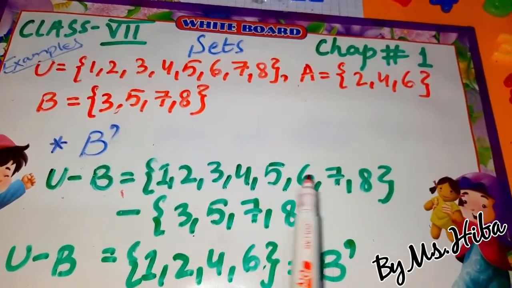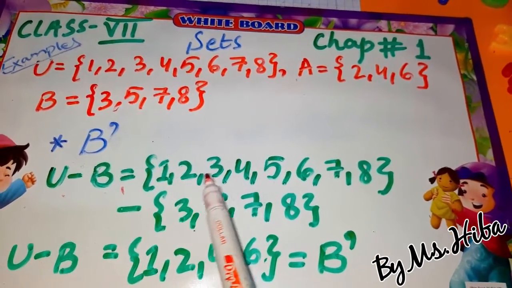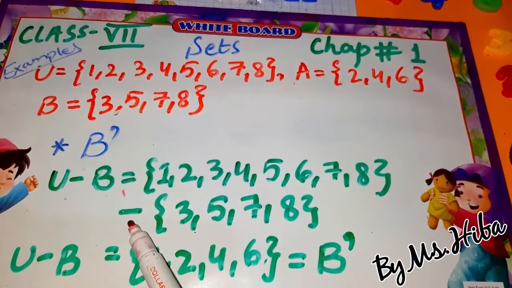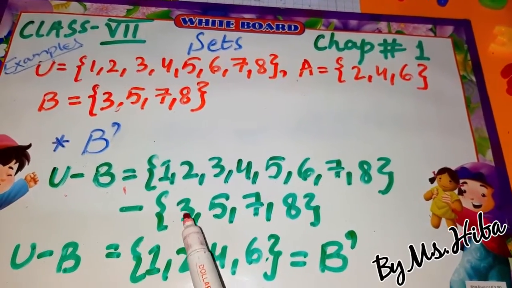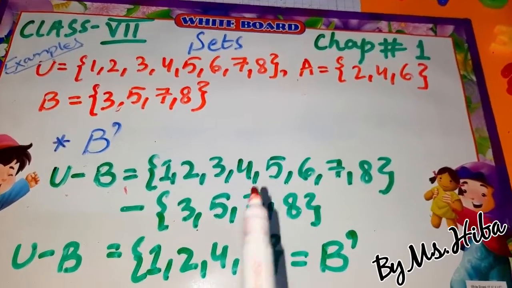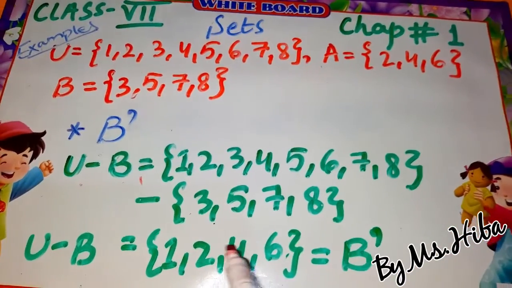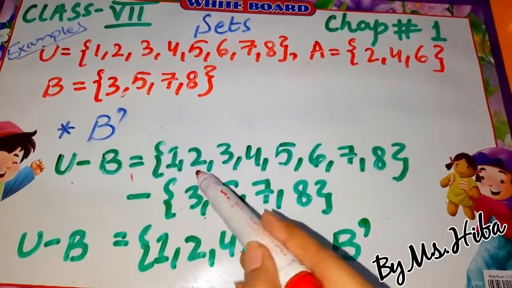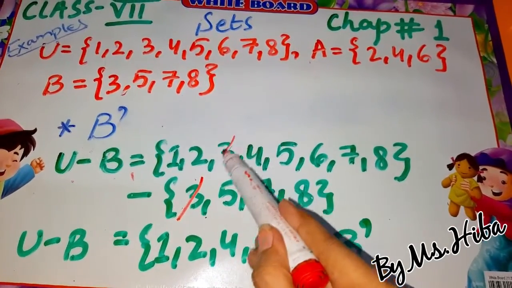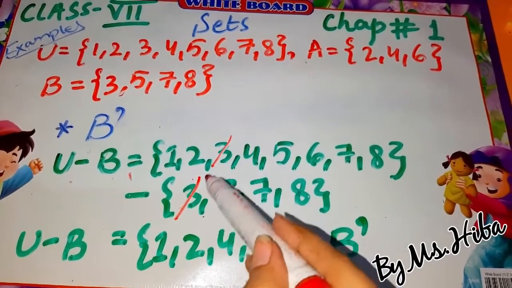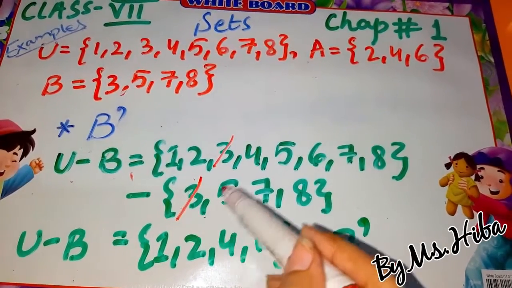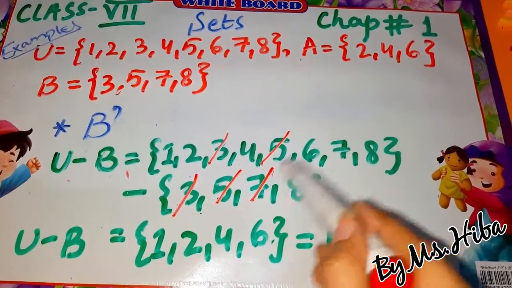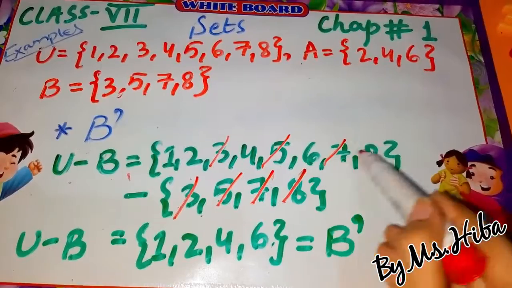So I write set A here, which contains elements 1, 2, 3, 4, 5, 6, 7, 8, then the minus sign or difference sign, then set B: 3, 5, 7, 8. The answer after subtracting is 1, 2, 4, 6, because 3 is common in both sets, so they will cancel out, and 5 is the same, and 7 and 8.